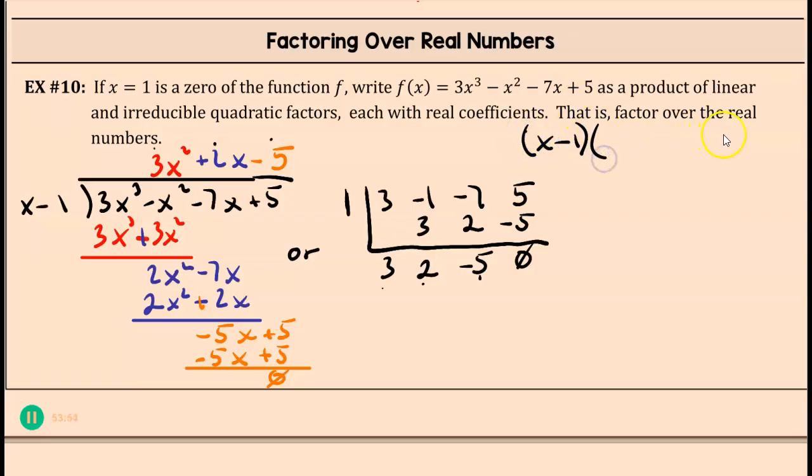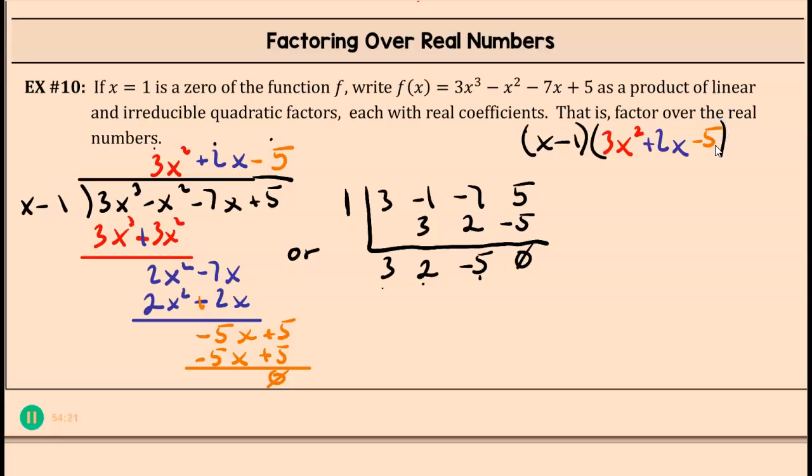The other thing we gained by either method is that the other factor is 3x squared plus 2x minus 5.